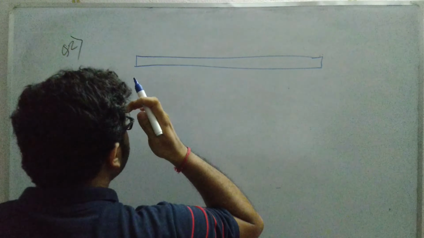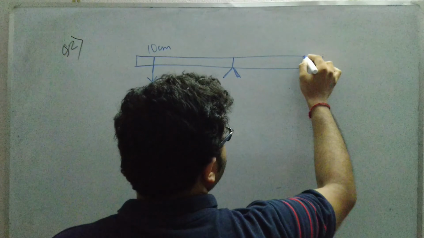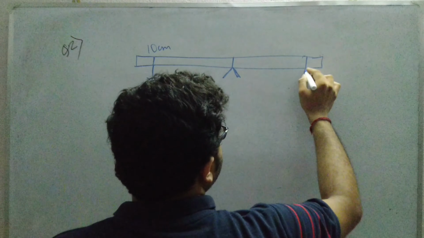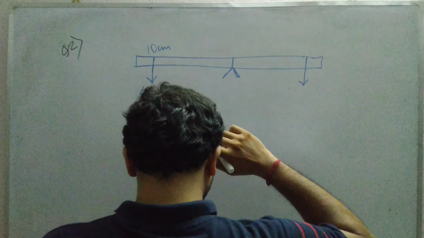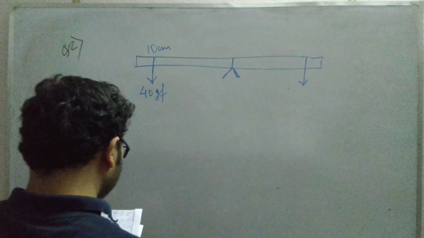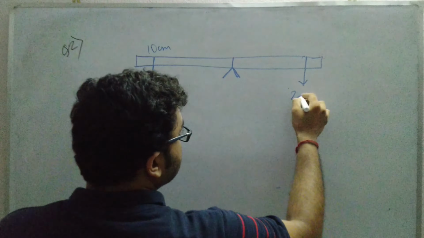At the 10 centimeter mark, a weight of 40 gf has been kept, and at the 90 centimeter mark, so it is almost here, a weight of 20 gf has been suspended. So 40 gf and 20 gf.